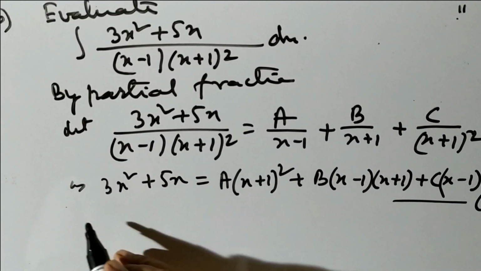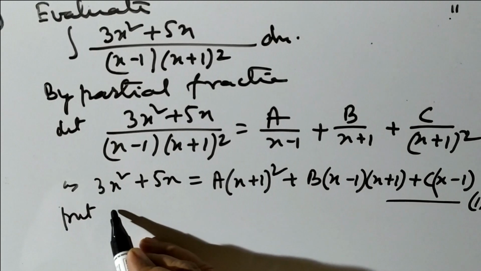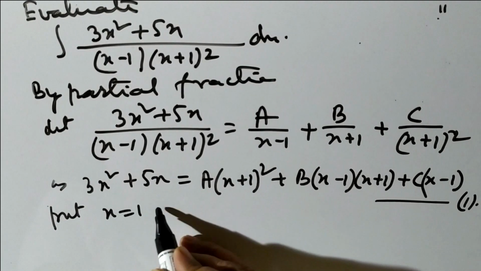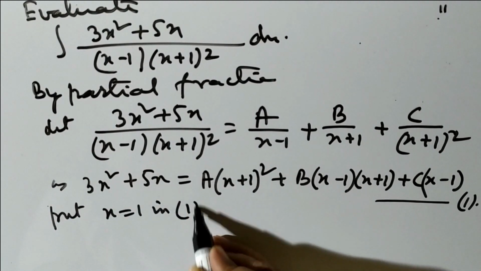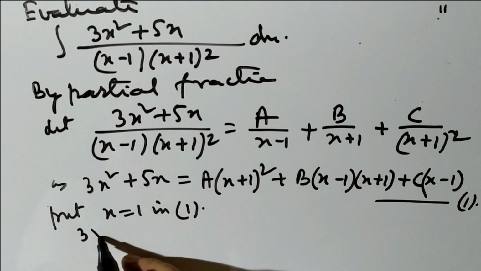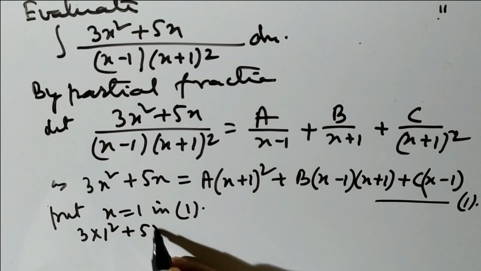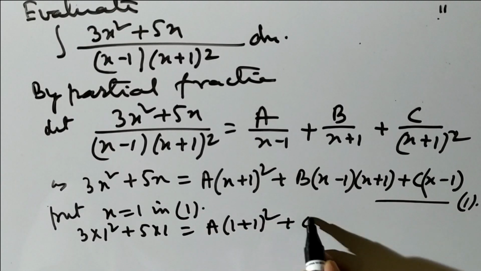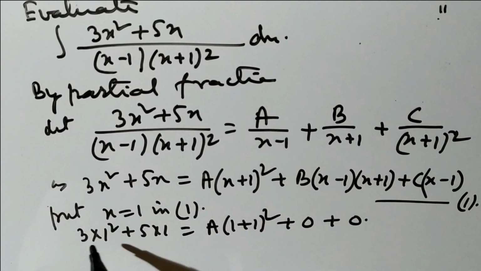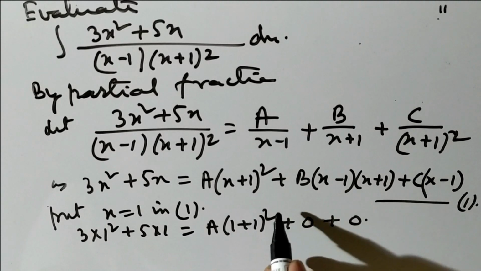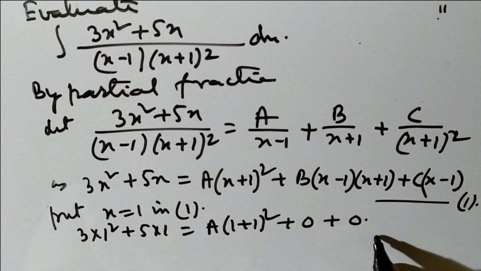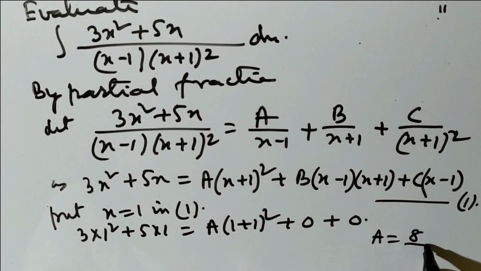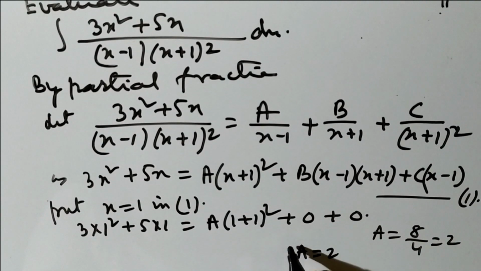Now put x equal to 1 in equation 1, we get 3(1)²+5(1) equals A(1+1)² plus 0 plus 0, 3+5 is 8, equals A times 2² which is 4, or A equals 8/4, that is 2, or A equals 2.